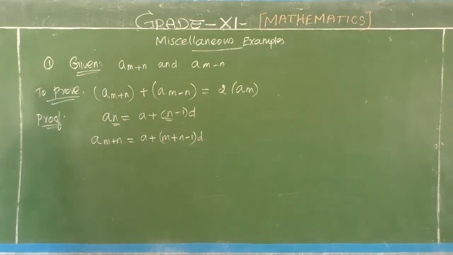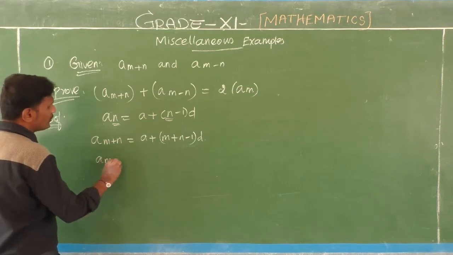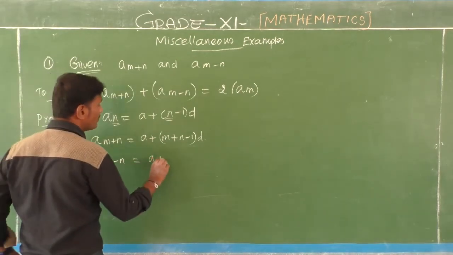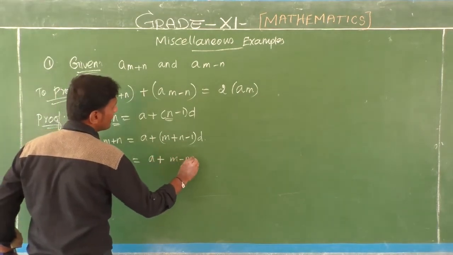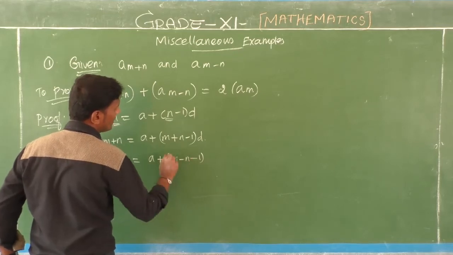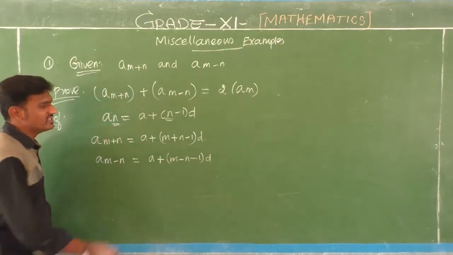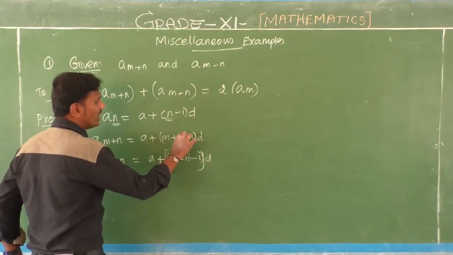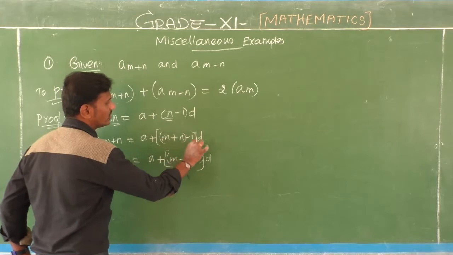Have you got it, children? And the next formula I am going to frame is a m minus n, that is the m minus nth term. That is also a plus m minus n minus 1 into d. If you want to differentiate, then use that kind of bracket. It's not a problem, students.